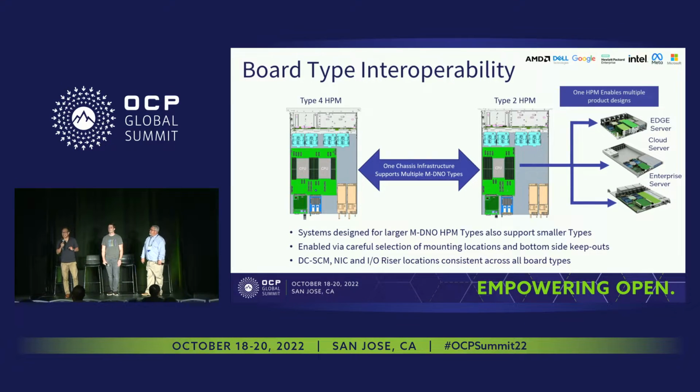So this slide gives you some examples in terms of chassis interoperability of different types of DNO. If you look at it, the Type 2 has the same width as the Type 4.